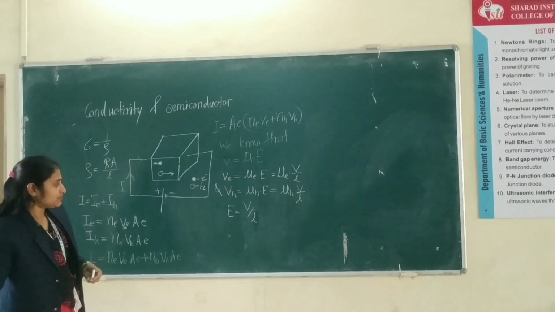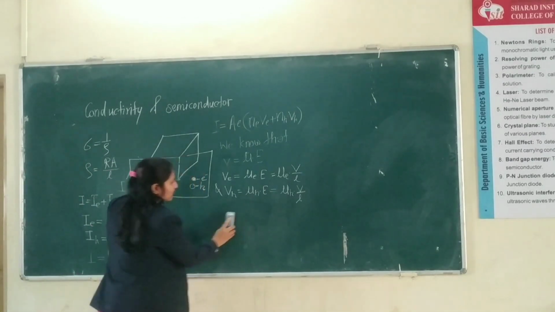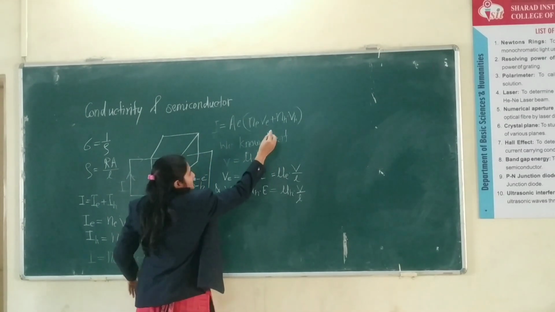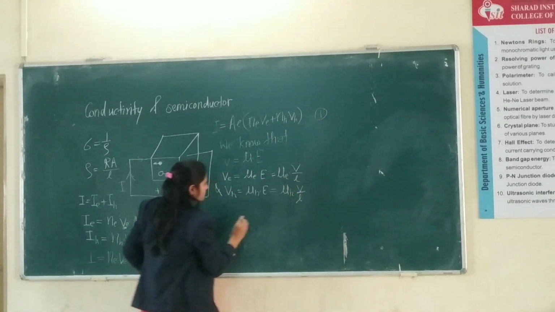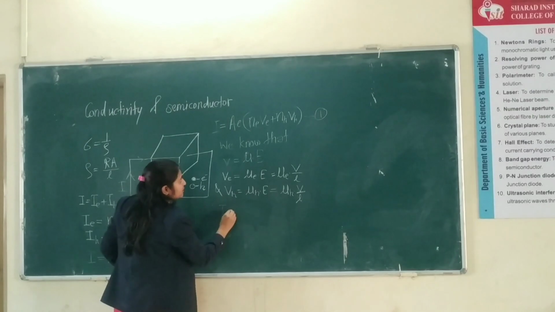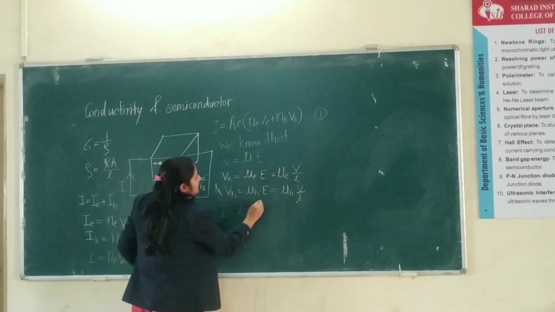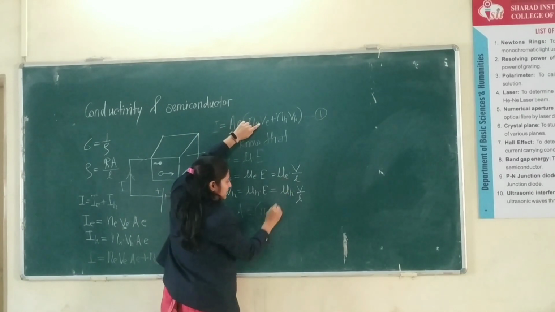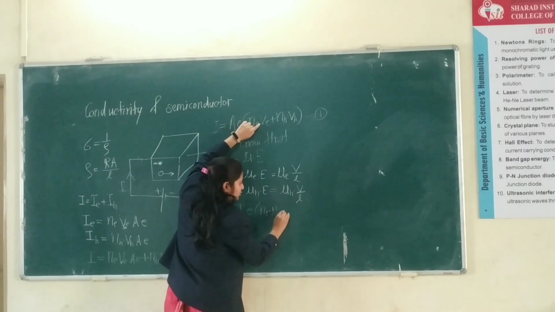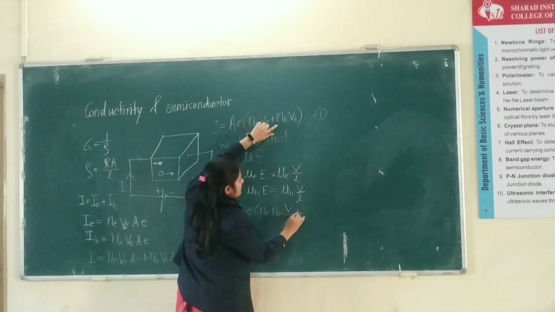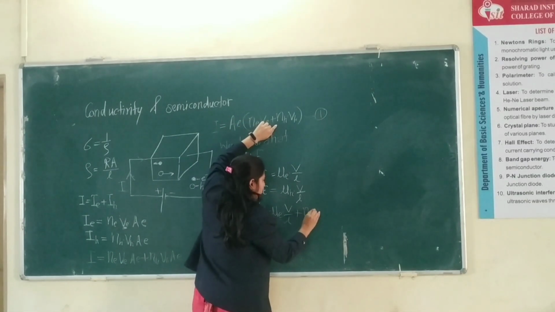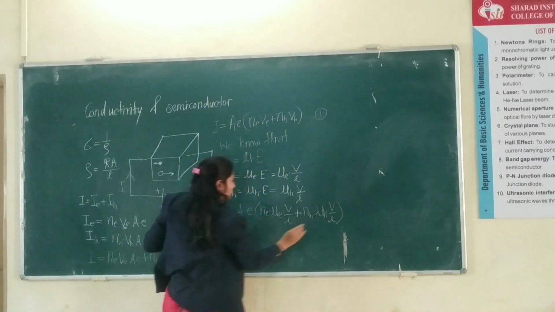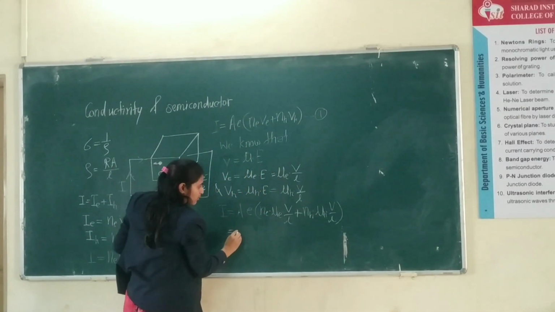Okay. So again, putting these two values in equation 1, therefore I is equal to A into E in bracket NE into the value of VE, mu E into V by L, plus NH into mu H into V by L. V by L is again a common term.